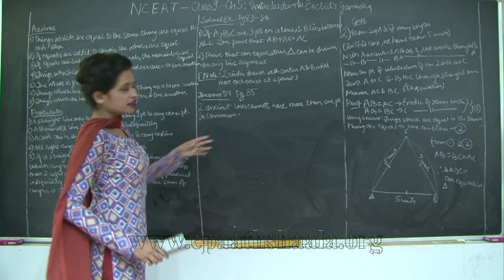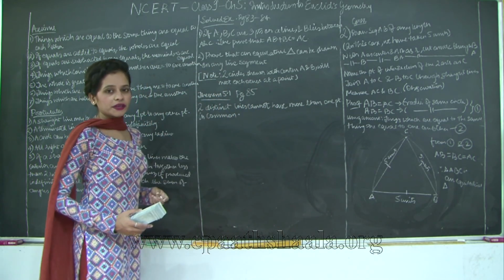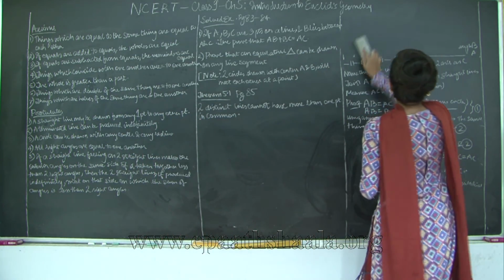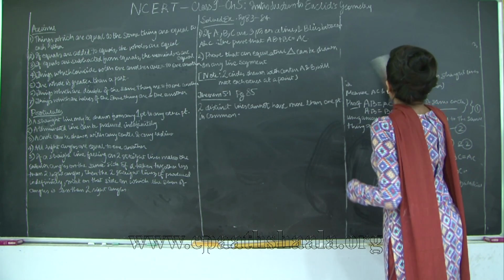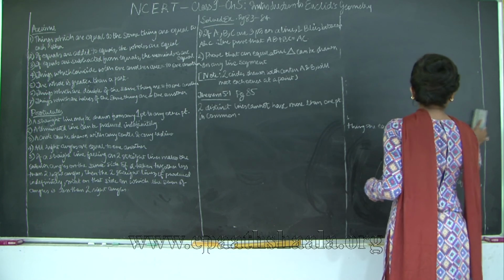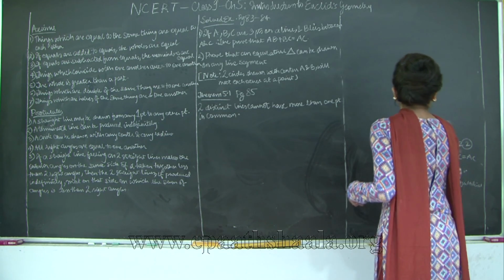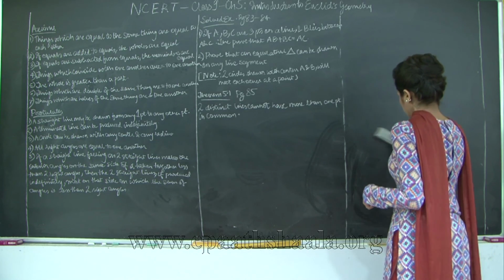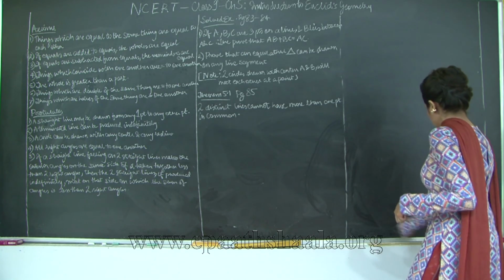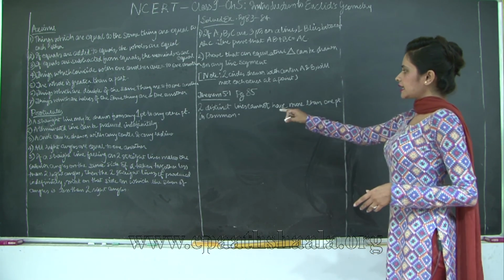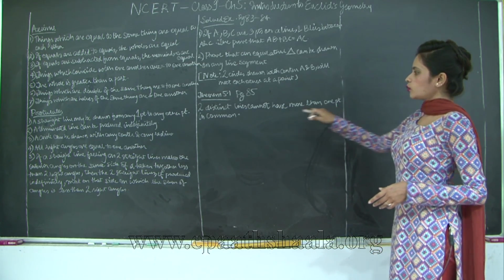Let's go ahead and solve this theorem on page 85. Before I do that, let's erase the board. Okay. So two distinct lines cannot have more than one point in common.